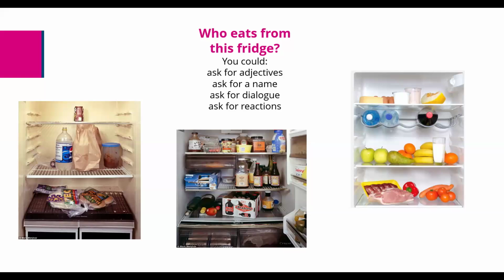So that's all very useful stuff, isn't it? You can ask for adjectives, names, dialogue. It's a very good kind of lesson starter, if you like. Just thinking about images. And of course, if you do the exam route, one of the things students can do is respond to one of the images for the writing question there, the imaginative writing.